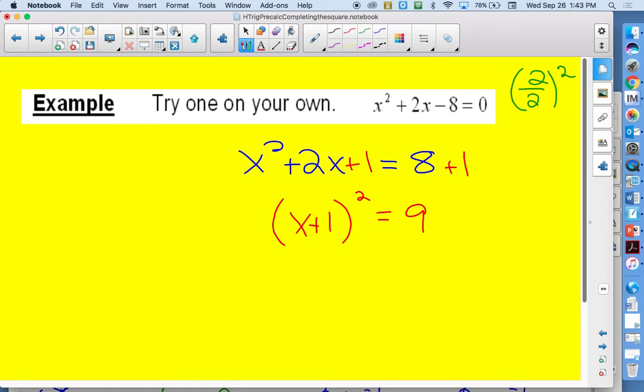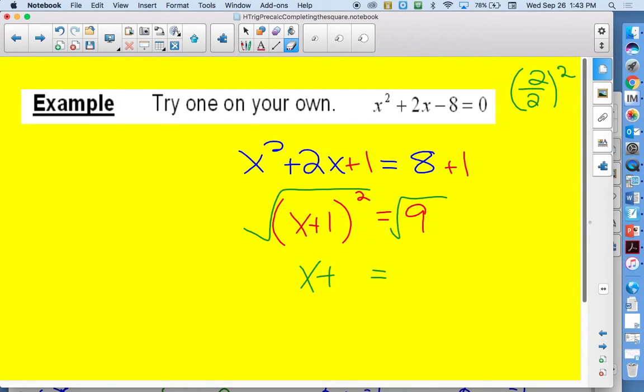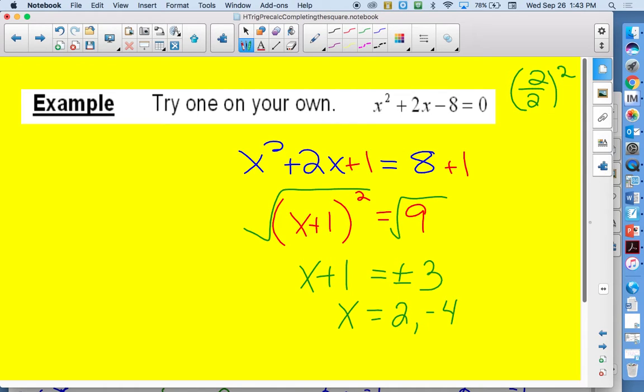This one's nice because you get a 9 over here, and when you take the square root of 9, you end up with plus or minus 3. Don't forget the plus or minus. So your two answers are positive 2 and negative 4, because negative 1 plus 3 is positive 2, and negative 1 minus 3 is negative 4.